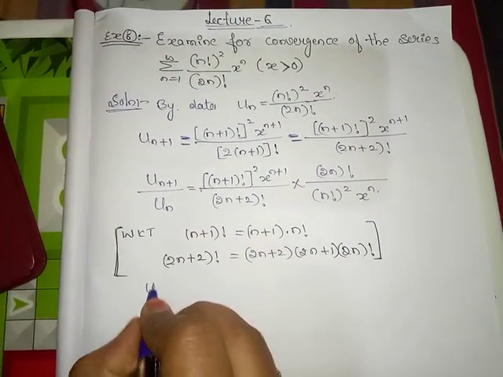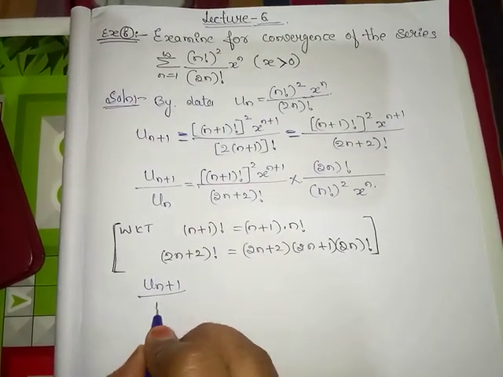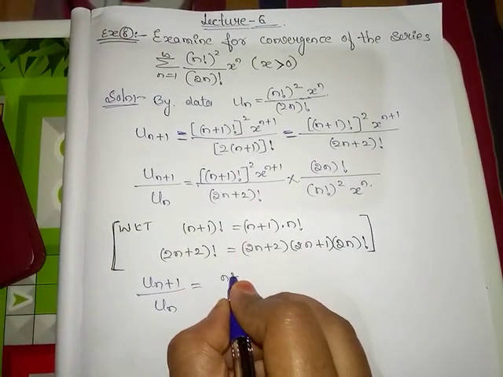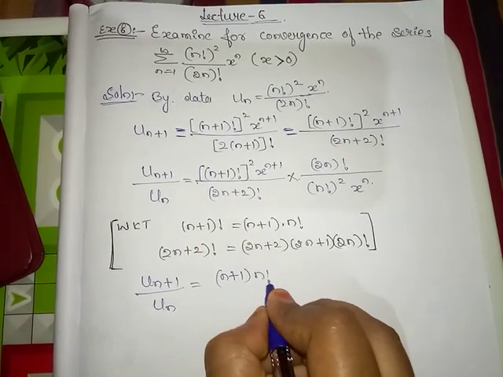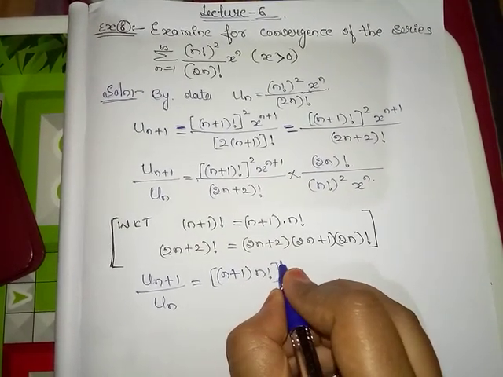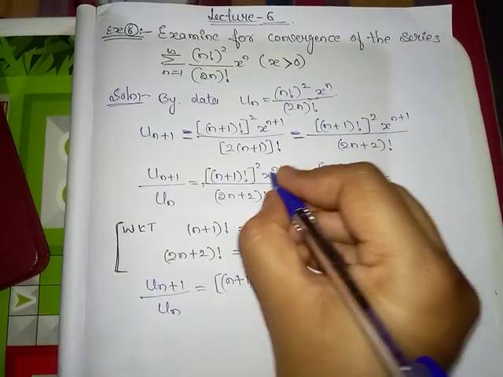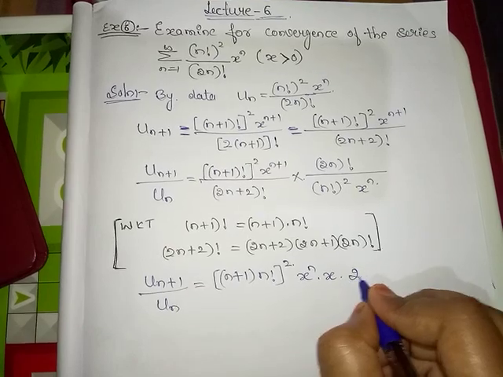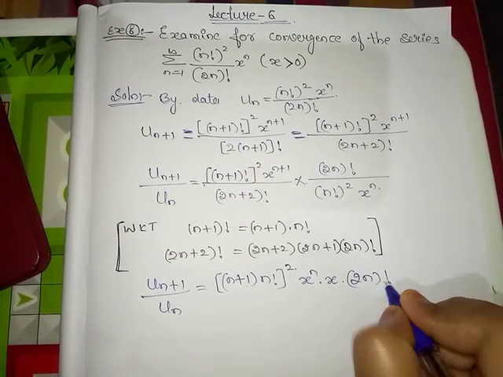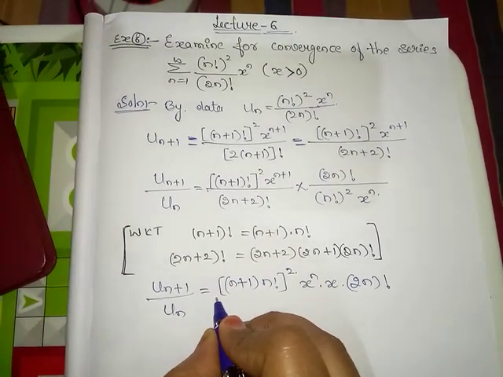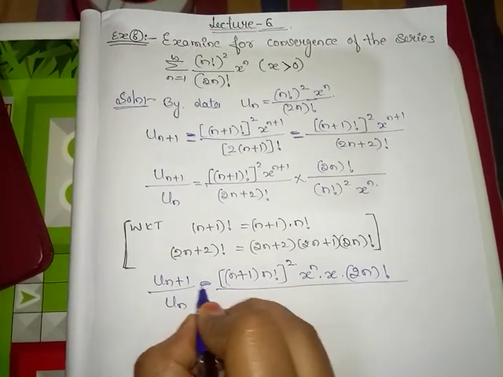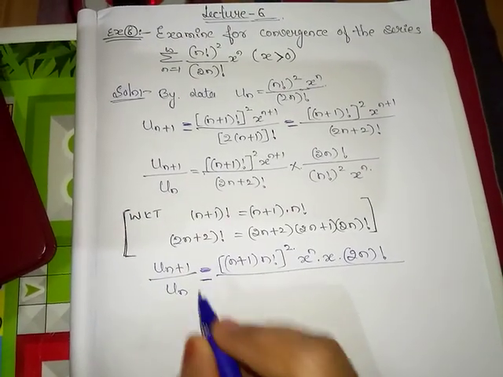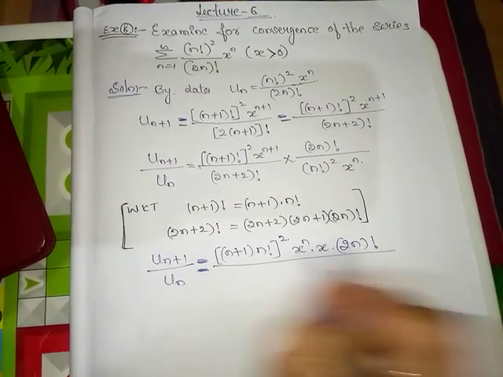What we will get? Un plus 1 divided by un is equal to n plus 1 into n factorial square, x raised to n plus 1 can be written as x raised to n into x, into 2n factorial, divided by, always your dividing line will be in the middle of this equivalence.